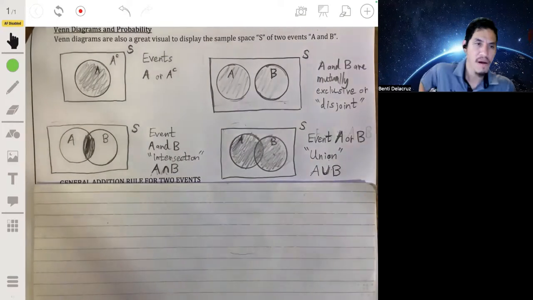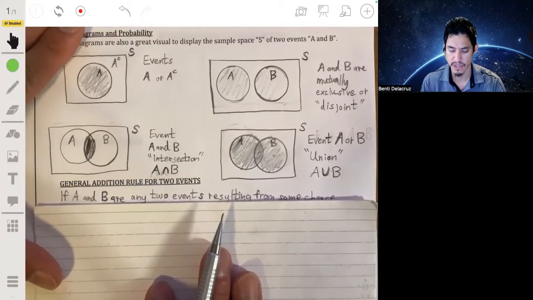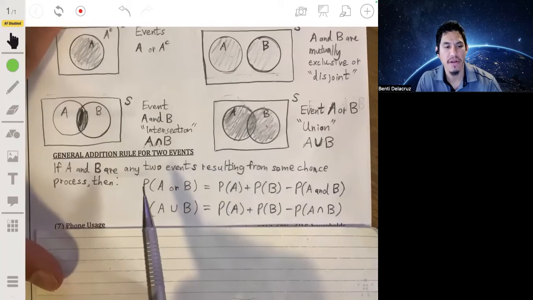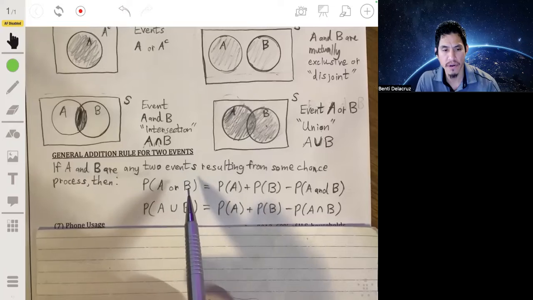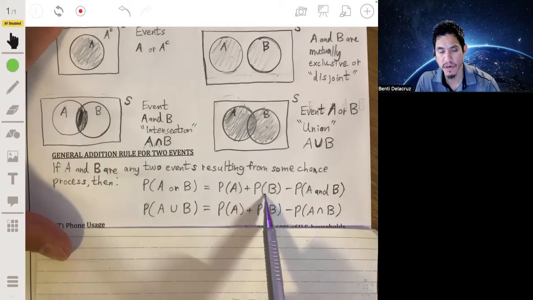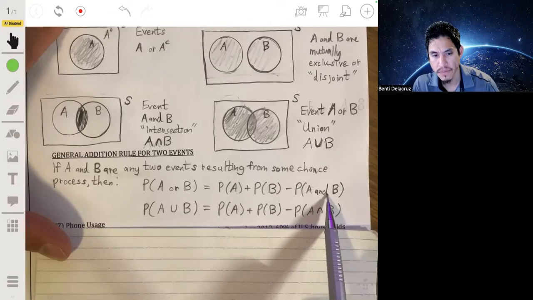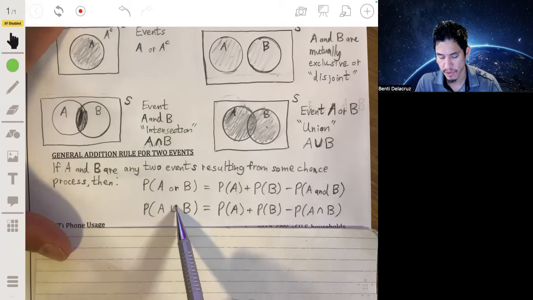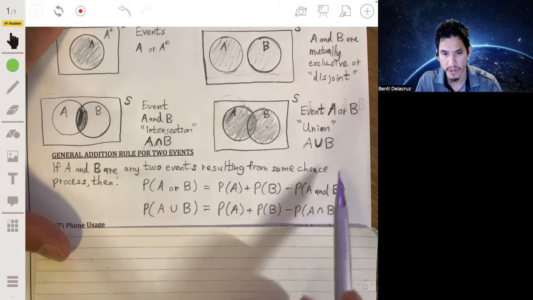Now this is something that's good for you to understand this next rule, which we call the general addition rule. And it says that if A and B are two events, then the probability of A or B is equal to the probability of A plus the probability of B minus the probability of A and B. Now, right here below that, I just rewrote it by using the symbols that I showed here, showing the intersection and then the union.